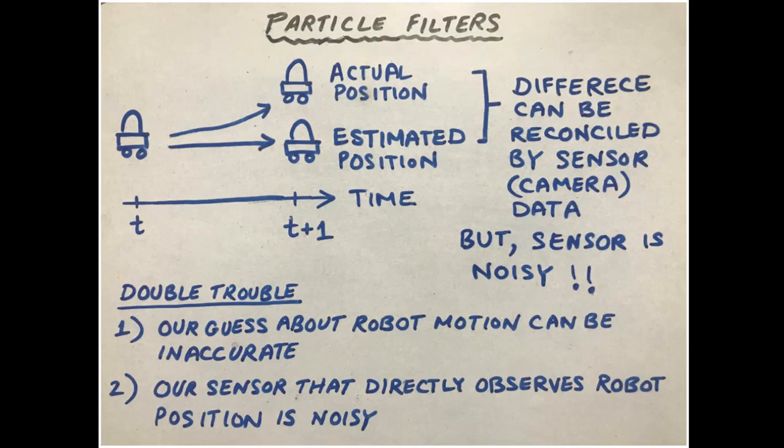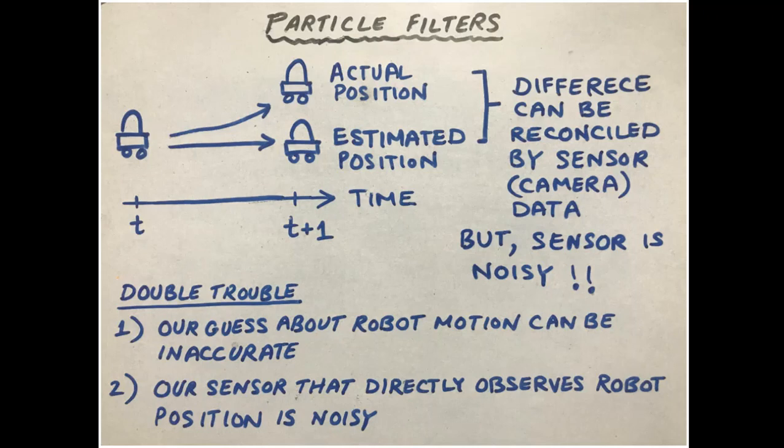So a robot starting to move at time t has an actual position which is very different from the estimated position at time t plus 1. This difference, however, can be reconciled by the sensor data.